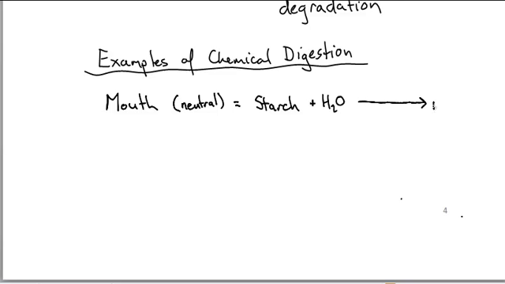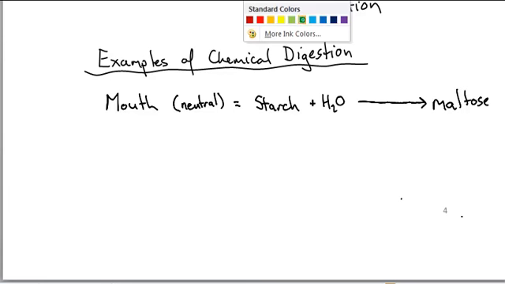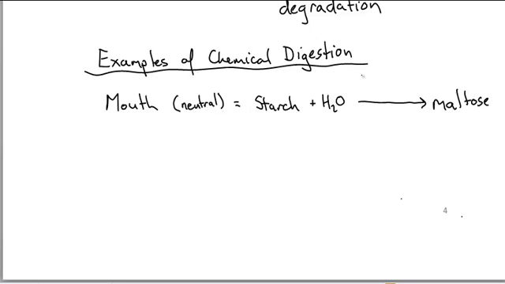And it breaks it down into a disaccharide, maltose. And the enzyme responsible for this is called salivary amylase. And key, because it works in the mouth, which is neutral, it has to be in a neutral pH to work.